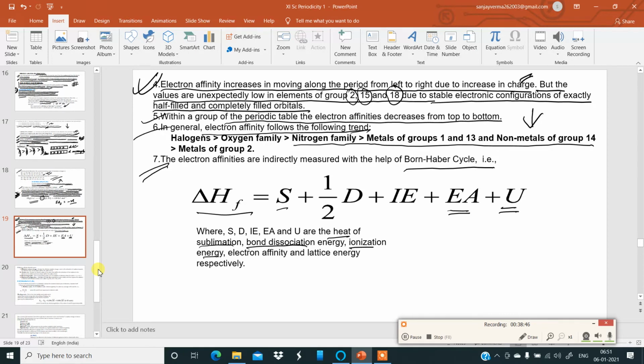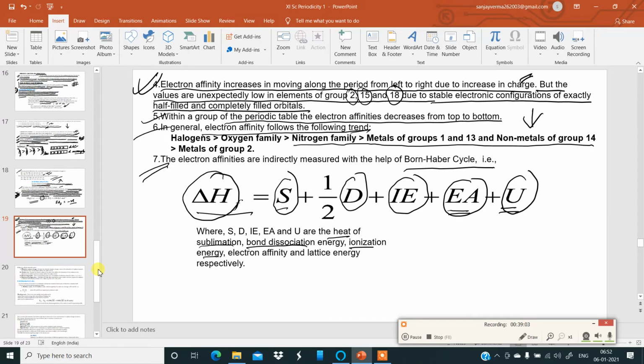So sublimation, bond dissociation energy, ionization enthalpy, electron affinity, and lattice energy give us the enthalpy of formation. Electron affinities can be indirectly measured in this manner.